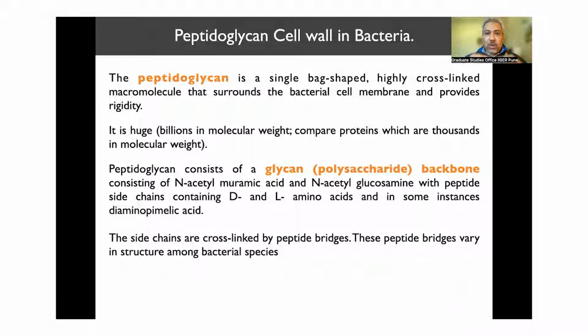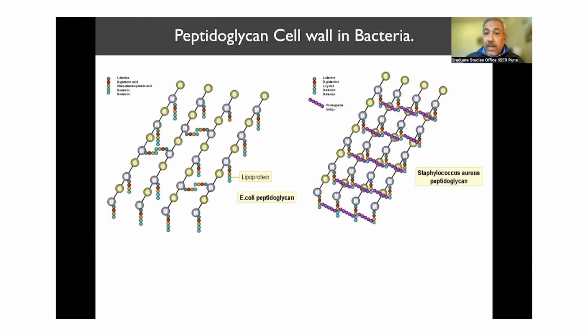Okay, remember that. So the peptidoglycan, which is sitting outside the plasma membrane, is not made up of lipids. It has this characteristic sugar based architecture, right? And that peptidoglycan layer varies depending upon the bacteria that we are looking at.